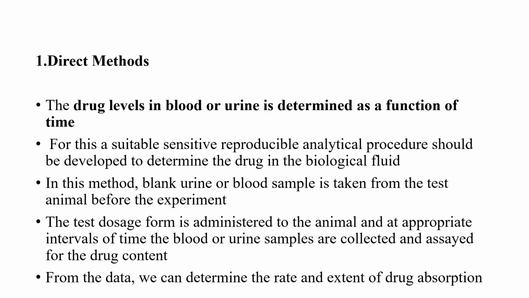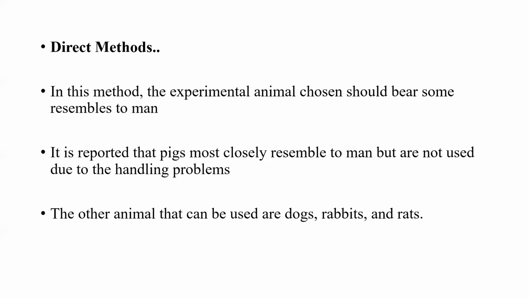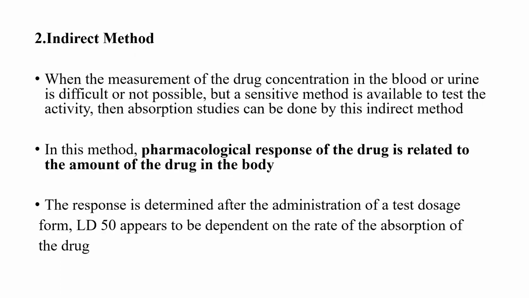You can use HPLC methods where you get the peaks, and you can find the AUC. You can thus determine the rate and extent of absorption by these direct methods. Usually animals like beagle dogs, albino rabbits, and mice are used for these animal studies.